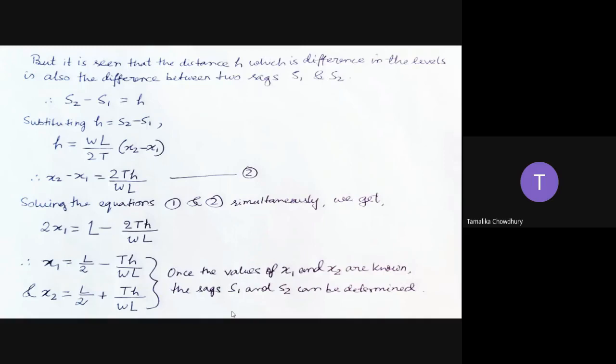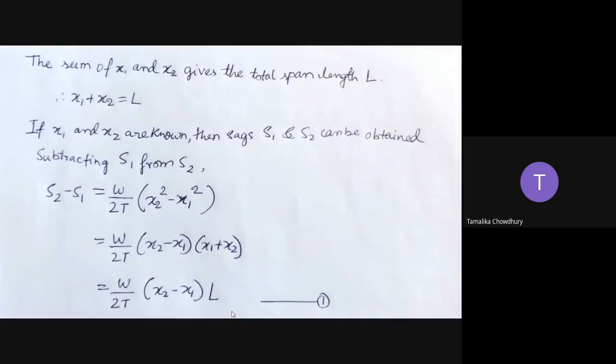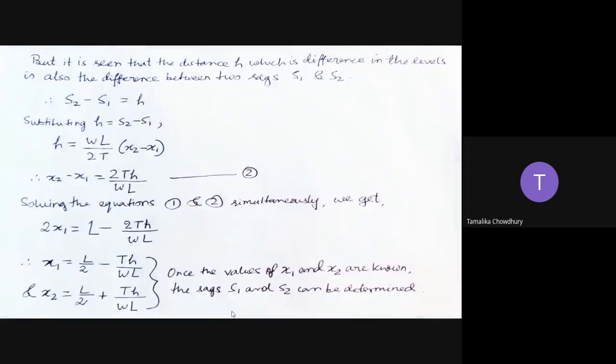Now solving equations 1 and 2. This was equation 1, the bottommost equation, and this is equation 2. Solving these two equations, we get 2x square equals whatever the calculation becomes, and ultimately we get the values of x1 and x2.